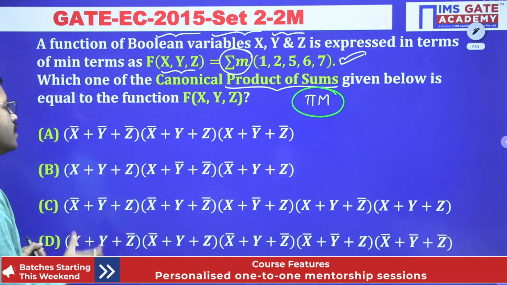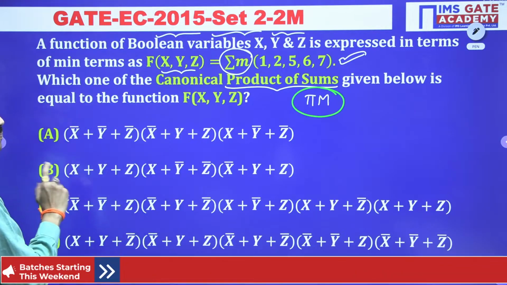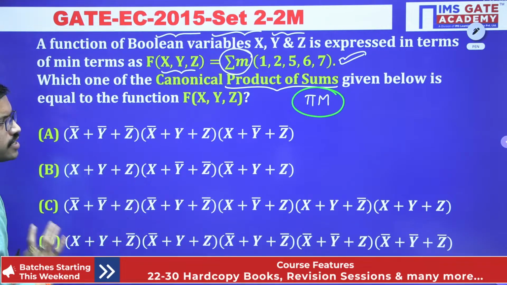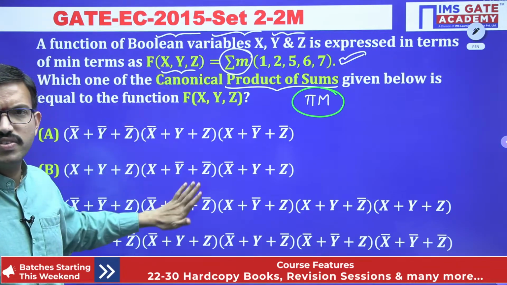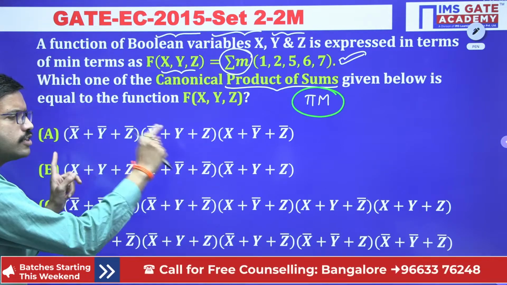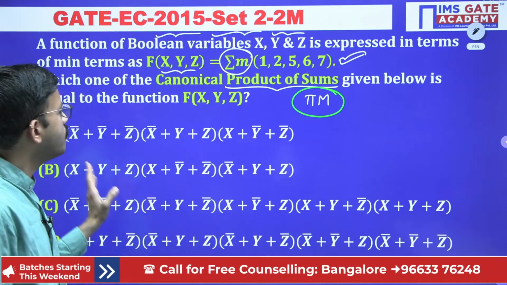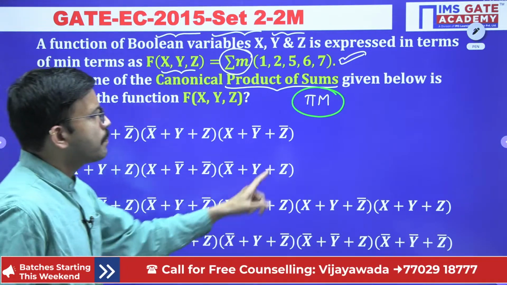Since you are having logical OR terms that are multiplied together, and the number of letters matches the number of given variables, whatever bracket terms you are having, all those are max terms, and we have multiplied. All the choices are regarding pi capital M.